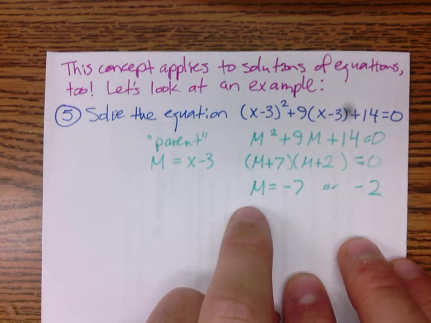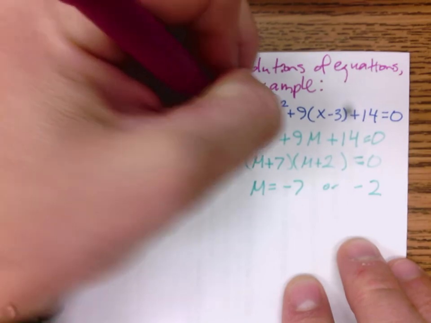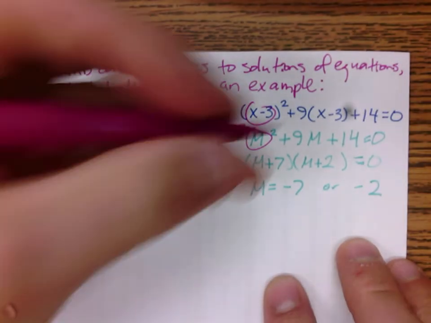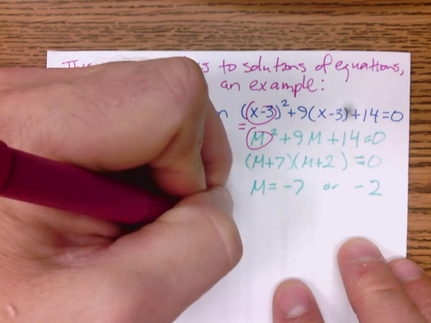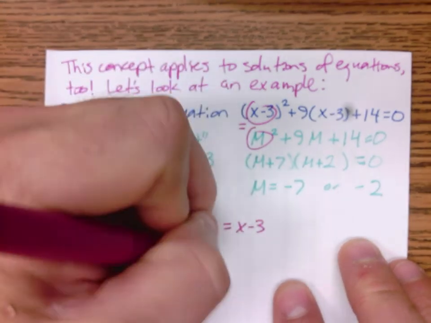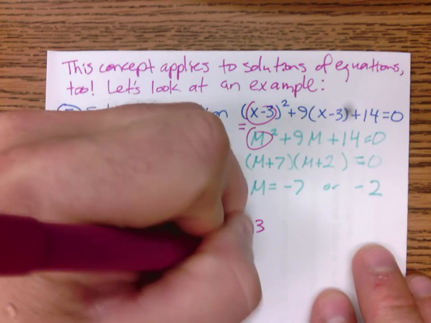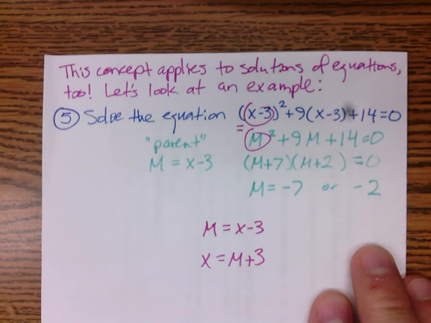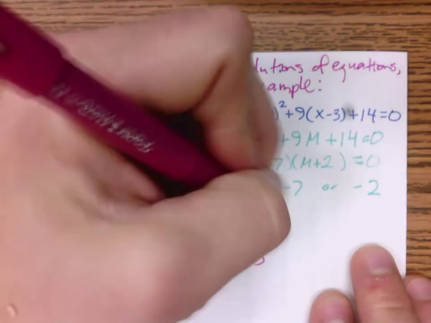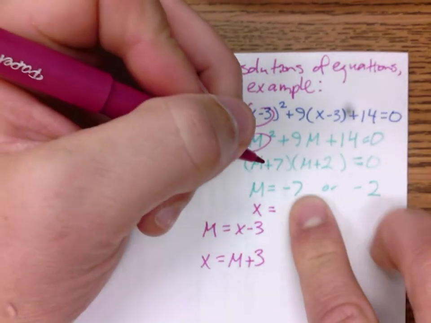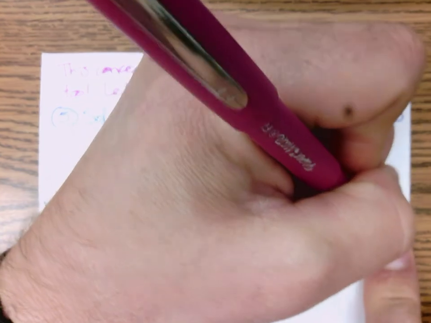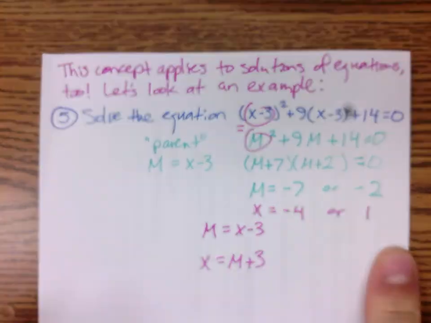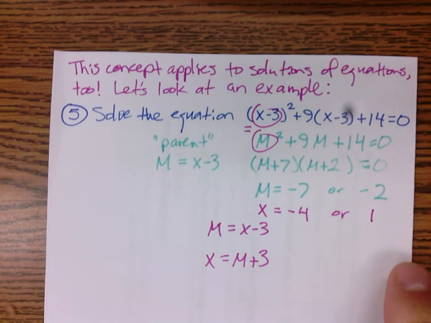Those are equivalent to each other, right? So if we know that m equals x minus 3, same as we did before, we know x equals m plus 3, right? So our actual solutions are going to be this plus 3, which is -4, and this plus 3 is +1.